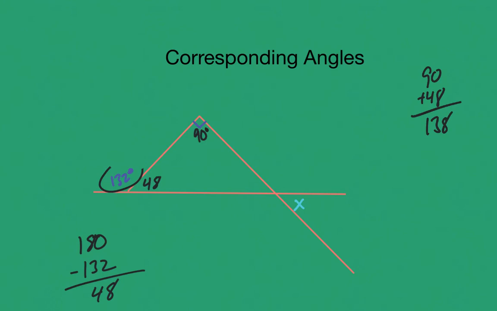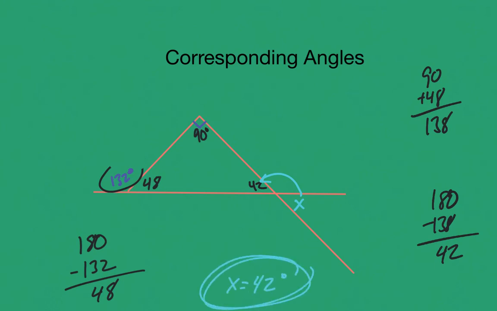And I know that the triangle itself is 180 degrees, so if I already know what 138 of them are, what's left is going to be my remaining angle, 42. And then I'll finish it up by saying, oh, hey, last week we learned this very fancy thing that this x is going to be the same as this thing, that vertical angle approach. And so using that rule, I can say I know that x is going to be 42 degrees.